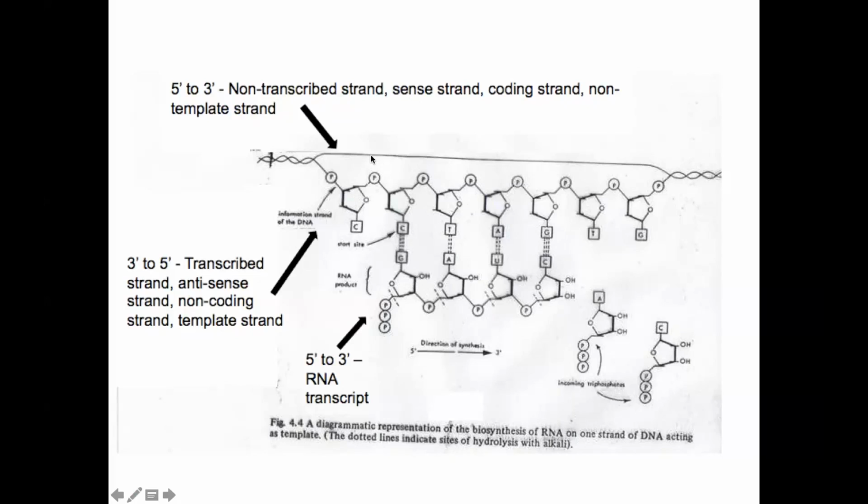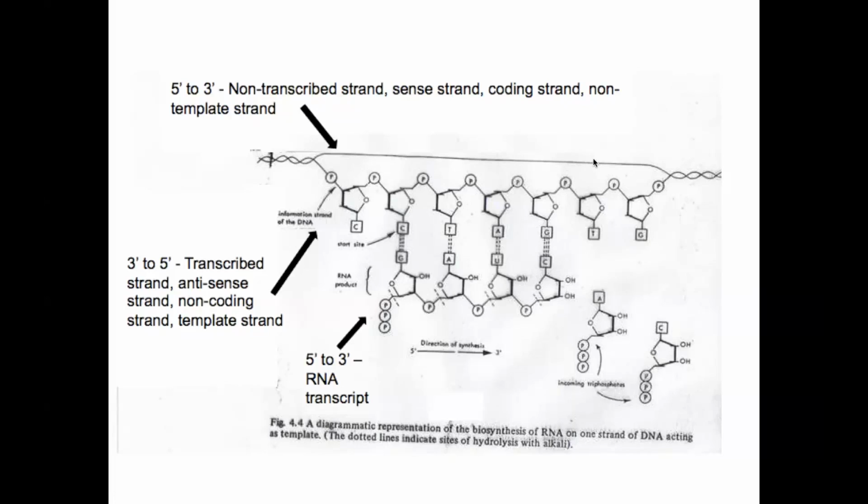Remember, this strand up top here that is not being transcribed is oriented 5' to 3' left to right, just like the transcript itself. And both the transcript as well as that non-template strand have the ability to stably base pair with the template strand of DNA used by the RNA polymerase.